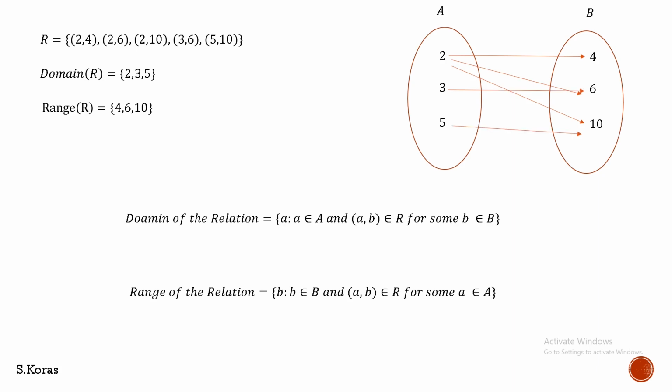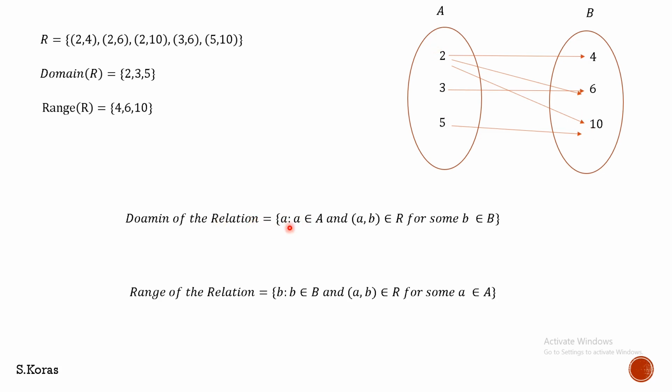We have the diagram like this, and if you want to define the domain of the relation, that is this. All the elements in the set A are considered as small a, and all the elements in the set capital B are considered as small b. So domain is nothing but the small a elements. So domain of this relation is A.